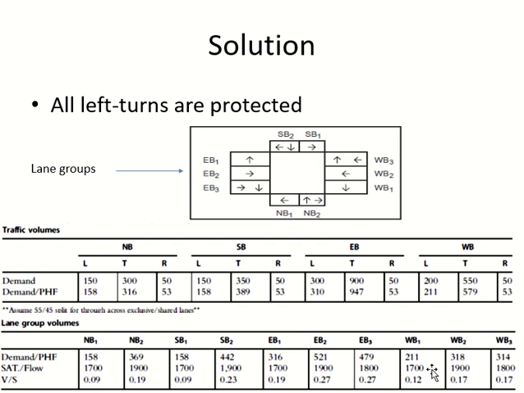Now we will calculate the V by S ratio for each lane group. V is the demand flow rate for each lane group and S is the saturation flow rate. So this upon this is 0.09, this upon this is 0.19, and so on. Now I need the summation of the V by S ratios. How much is the summation? Add all of them, the last row.